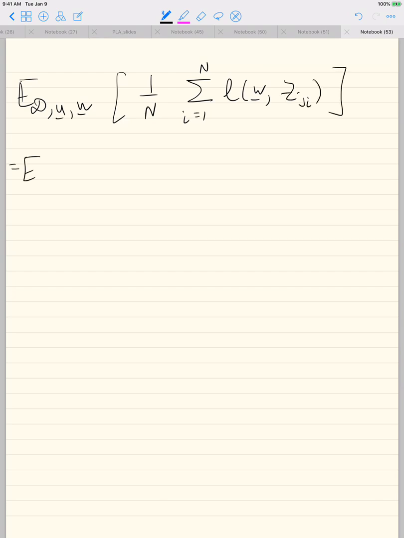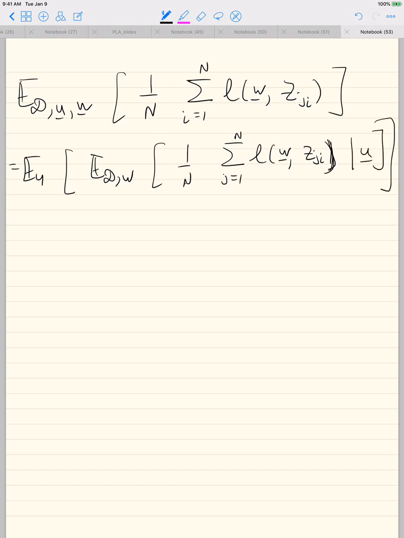Again, we can take the expectation over u outside, given u. Now the point here is that, from the point of view of W, the z_ji with the bar is a fresh sample, because it does not depend on W.